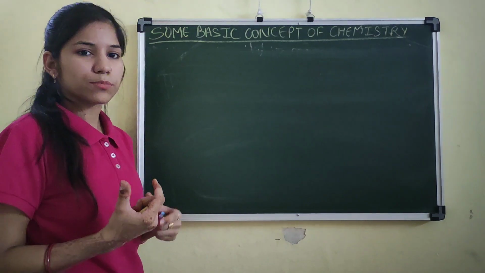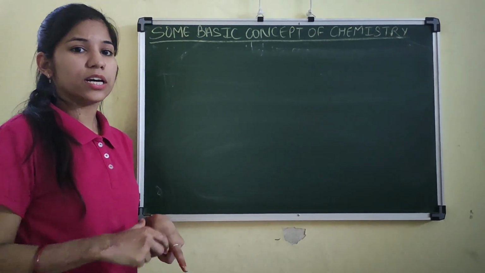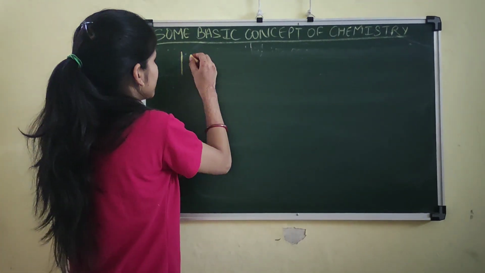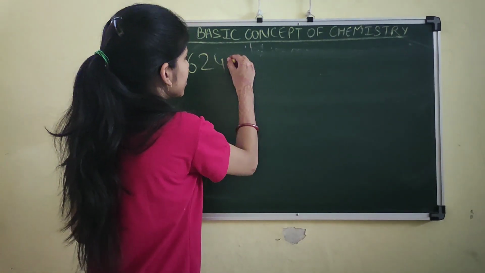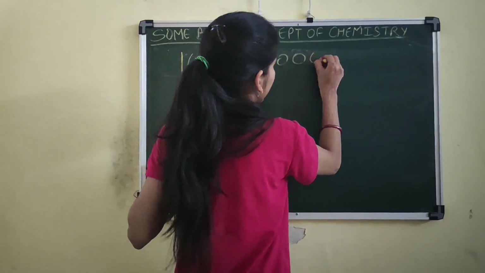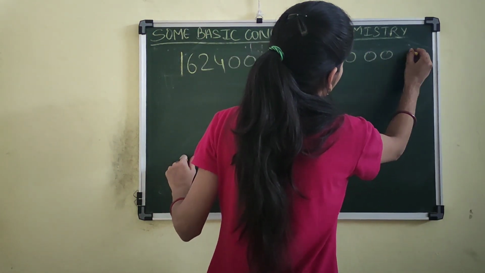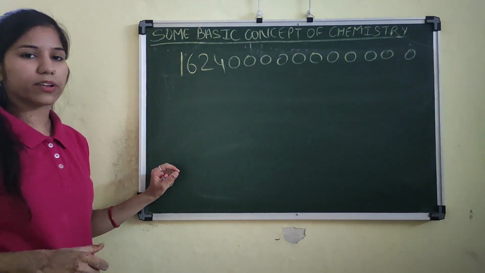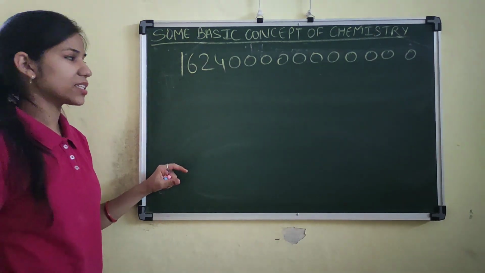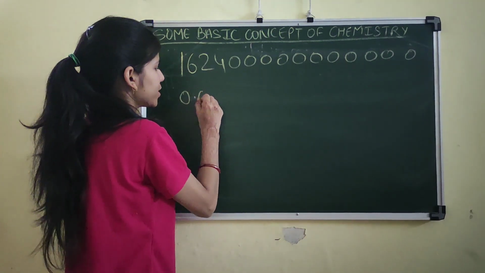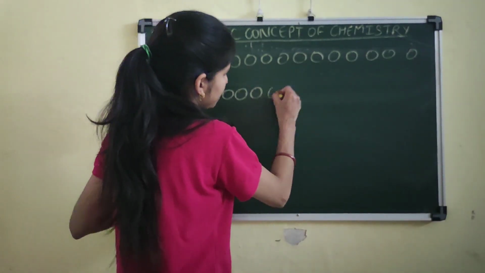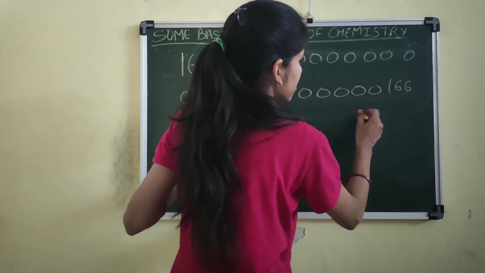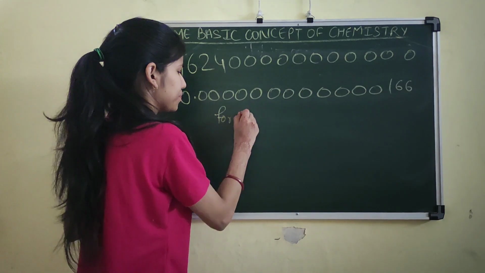There are some atoms or molecules which have a large molecular mass, such as 1624000, and there are some which have a very small atomic mass, like 0.000166 for the hydrogen atom.